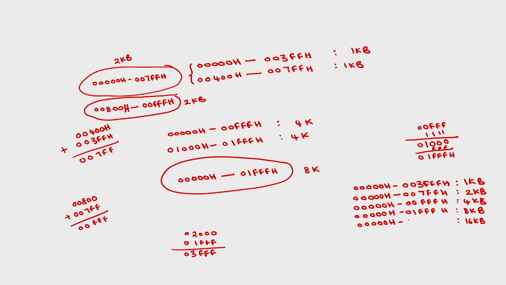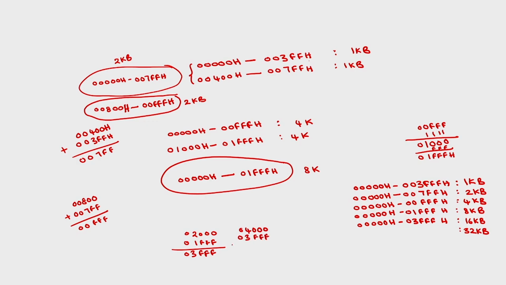00000H to 03FFFH will be 16K, and 32K will be, the next one is 04000, we have to add 03FFF.